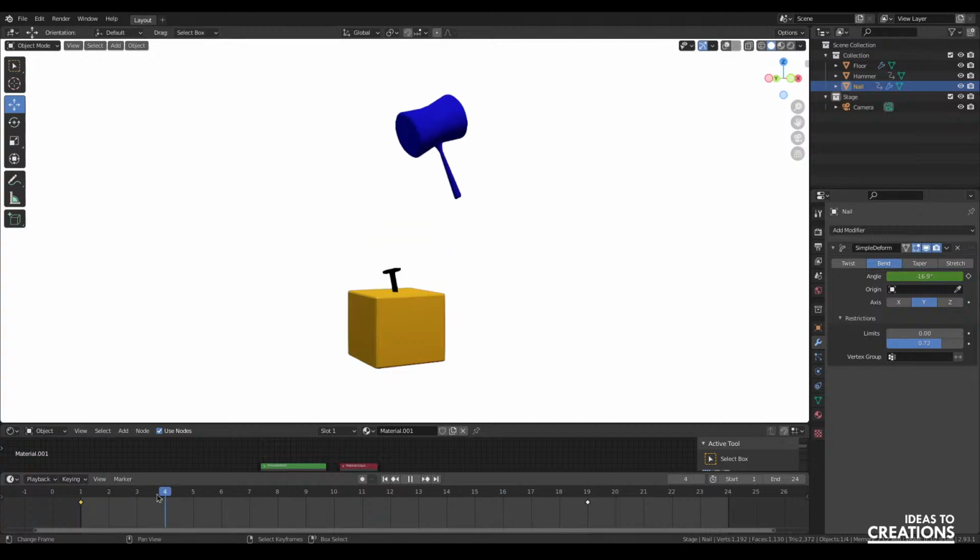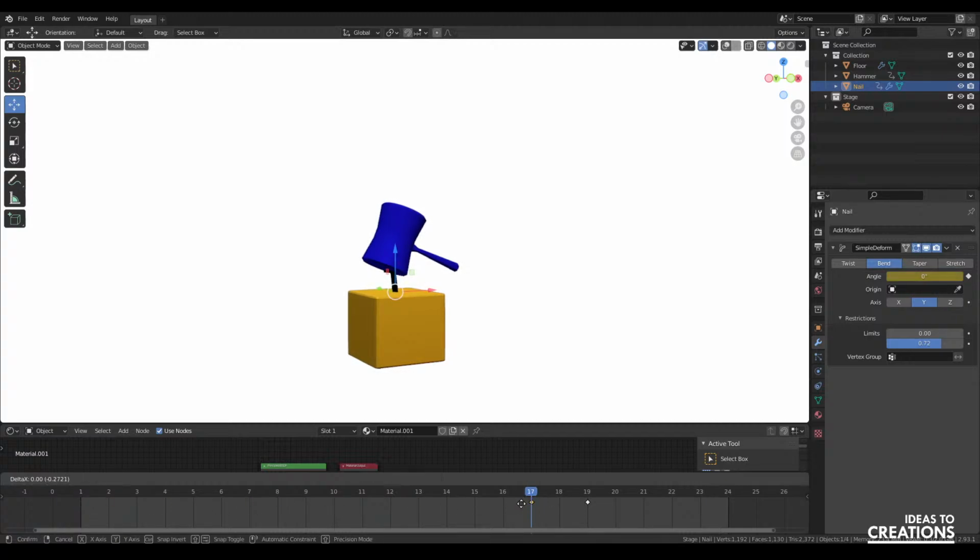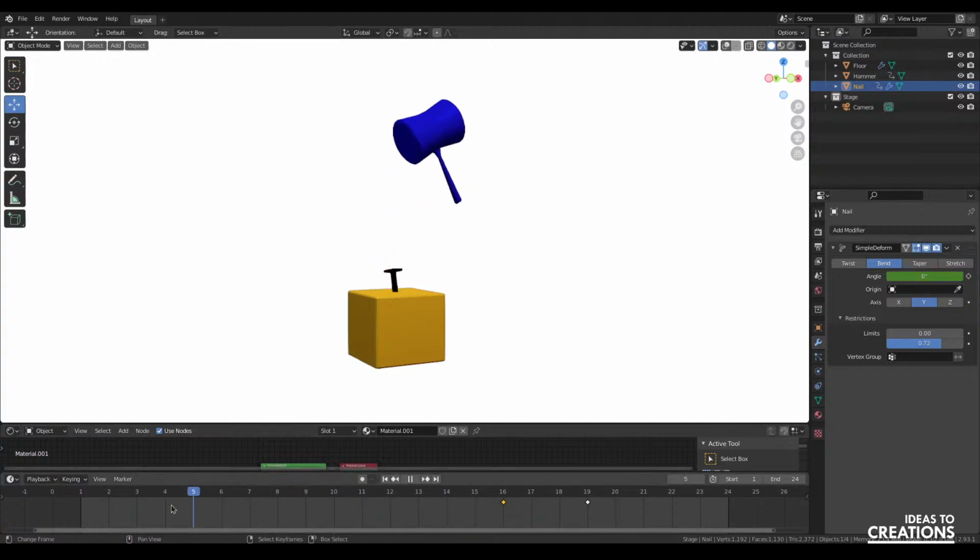Right now what we've established is all these frames up to this point were wrong. But by moving this keyframe here, we've now made all these frames from 16 backwards correct. And we fixed all those just by adding this one keyframe here.